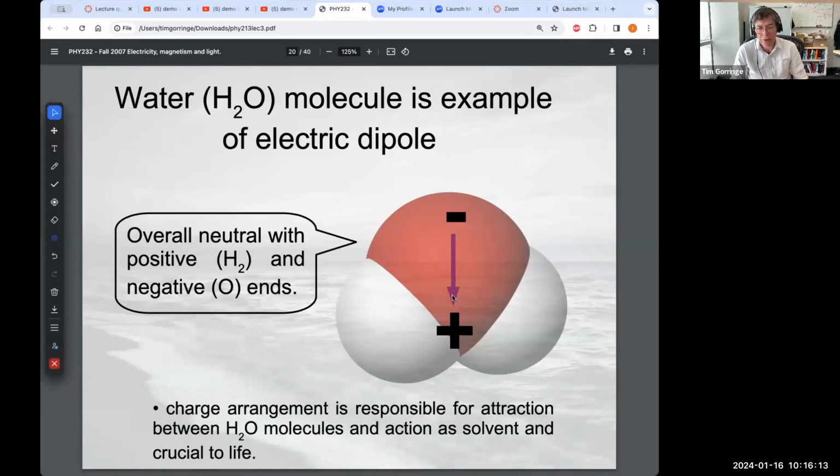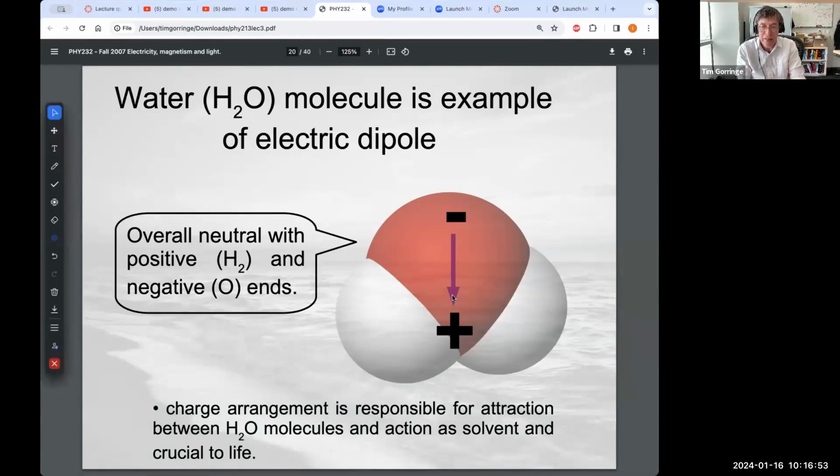So the water molecule is very famous because its dipole moment is responsible for life. Water acts as a solvent. For example, if you put sodium chloride crystals into water, it will break them up into the sodium and chlorine ions, into the positive and negative ions.